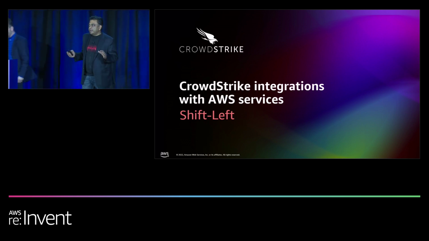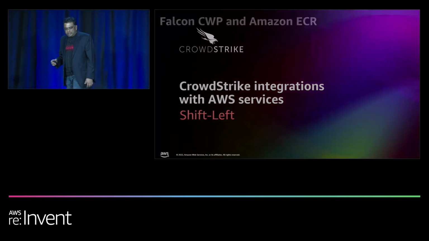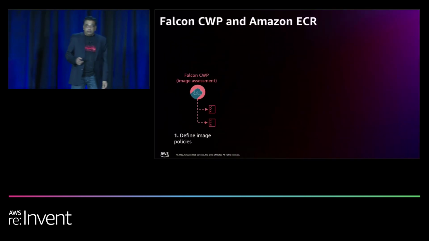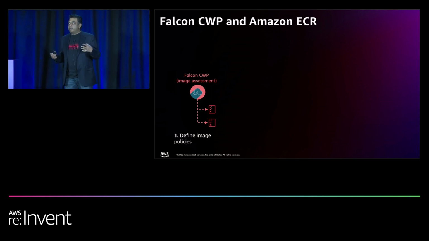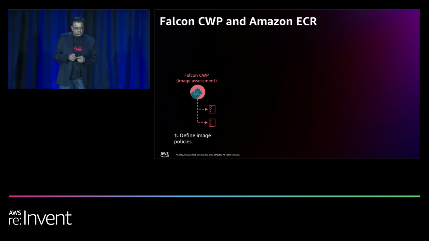So next, a little bit deeper look into the shift-left integration I've been talking about earlier. This goes into two parts. One is our integration with our Falcon Cloud Workload Protection Platform, which is our primary protection in the containerized infrastructure with Amazon ECR, Elastic Container Registry.